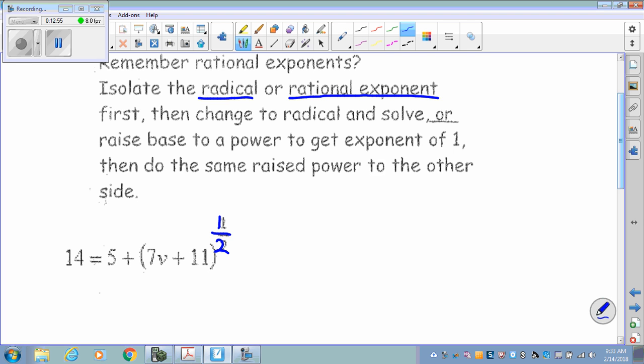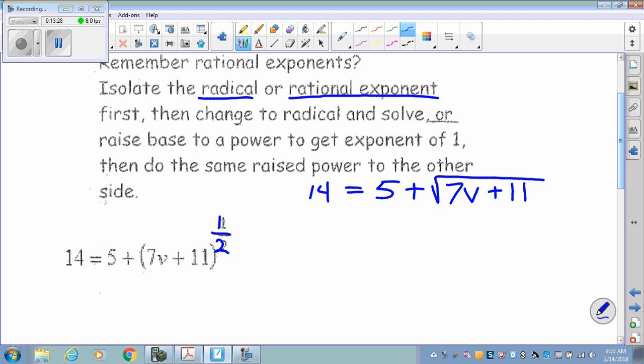All right. So for example, I would say 14 equals 5 plus the square root of 7b plus 11, right? Because 1/2 power means square root. So this equation with the rational exponent is the same as this equation with the radical.